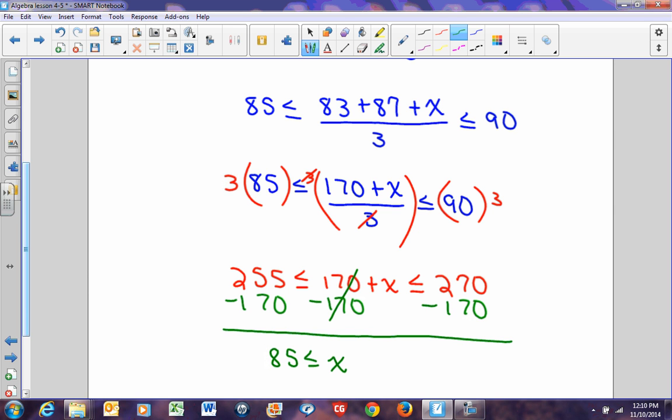These cancel, and 270 minus 170 is 100. So in order to have a test average between 85 and 90, I must score between 85 and 100. So my last test must be scored between 85 and 100 points.